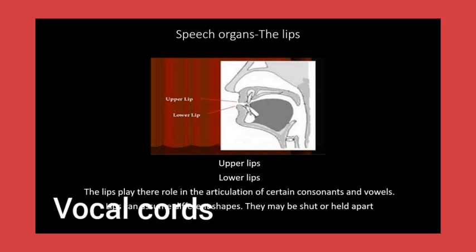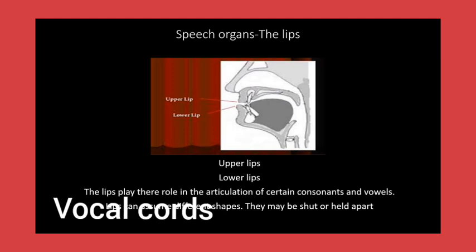m, etc. In vowels, when the lips are spread, try to pronounce the sound E. Lips are spread. E, E. Try to pronounce the sound U. Lips are rounded. Do you understand it?